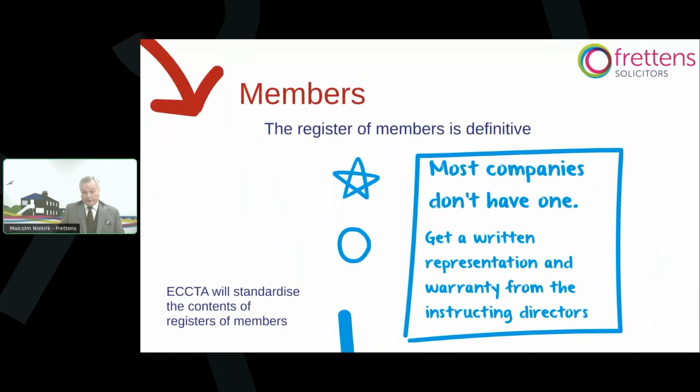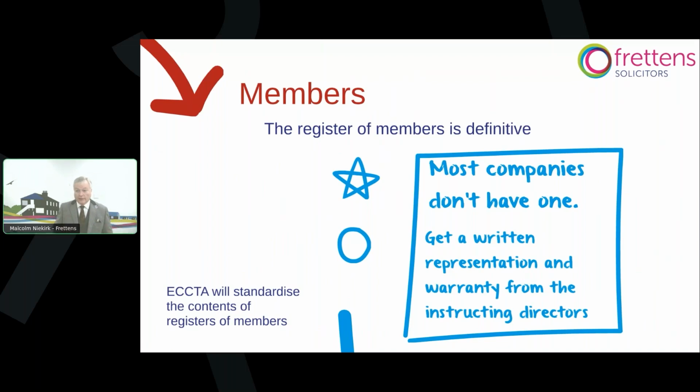When it comes to giving notice to the members, you need to know, of course, who the members are. And when it comes to counting the votes, again, you need to know who the members are. The Companies Act says that the register of members maintained by the company is the definitive record of membership of the company: who the shareholders are, what class of shares they've got, how many shares they've got, when they bought them.